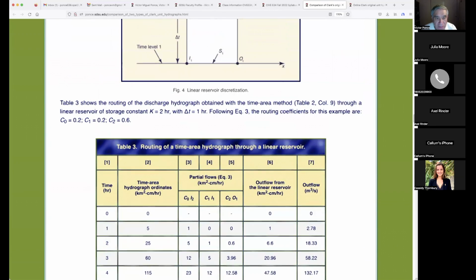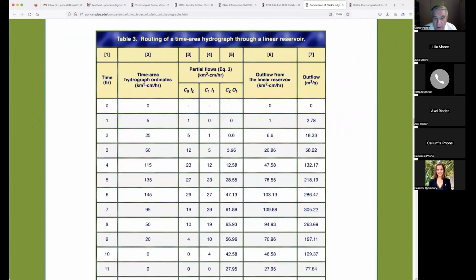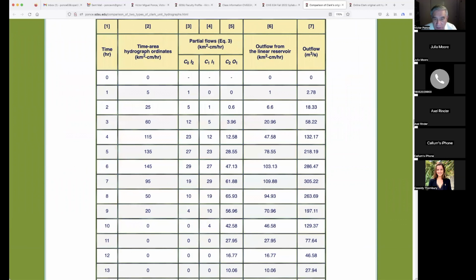We calculate them based on the storage constant given, and we get C0 0.2, C1 0.2, C2 0.6. The three coefficients have to add up to 1, which they do. 0.2 plus 0.2 plus 0.6 is 1. And then we proceed to do the routing computation, the normal routing computation.